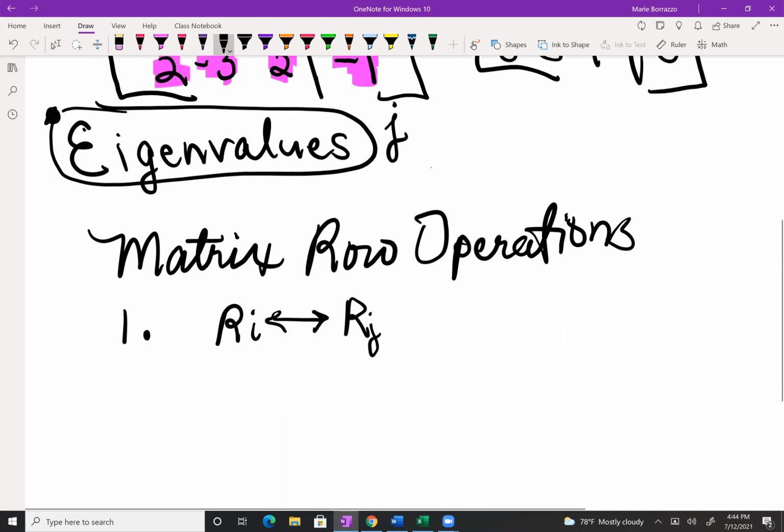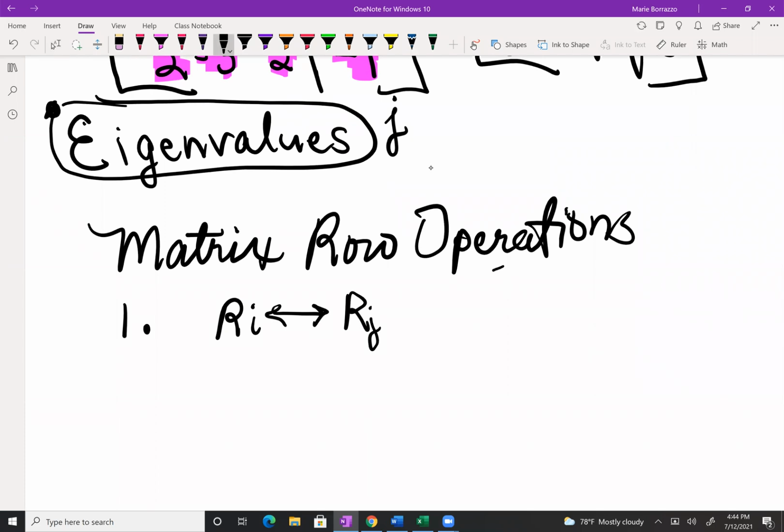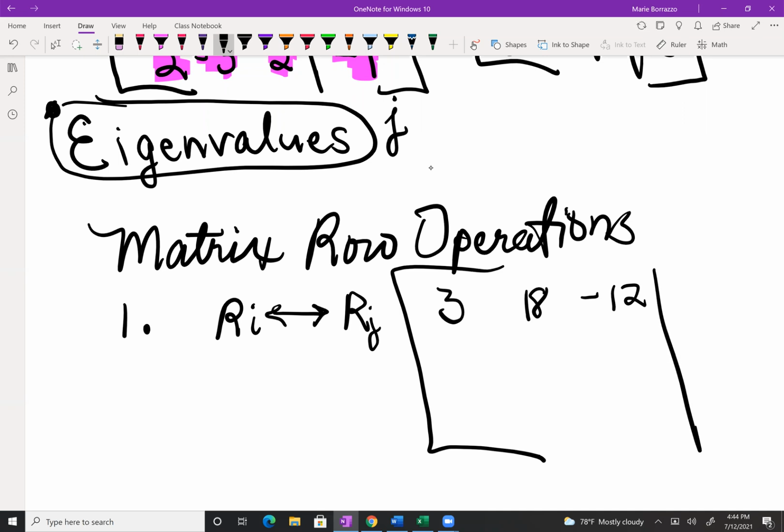So as an example, which we're going to do next, I'm going to give you this matrix where I have the following values in row 1. Row 1, I have 3, 18, -12, 21. I have 1, 2, -3, 5.